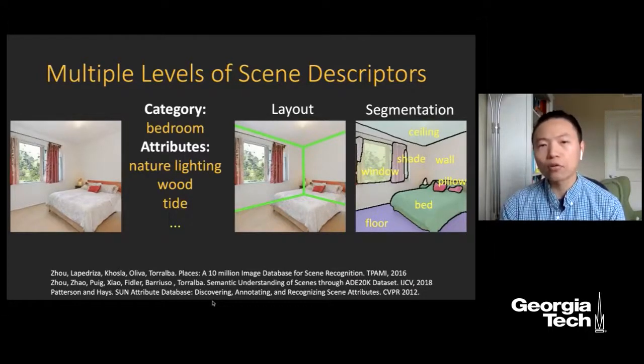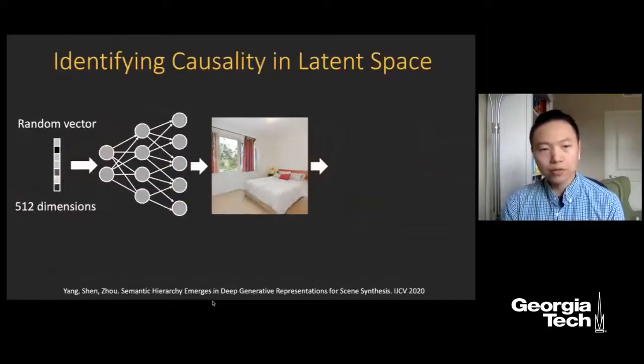It just learns to synthesize the image by itself. So whether this internal representation already learns all those multiple levels of scene descriptors is an unknown question. Along with my students Yang and Shen, we proposed a framework to identify the causalities in the latent space.